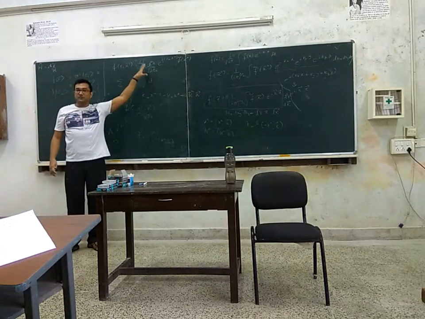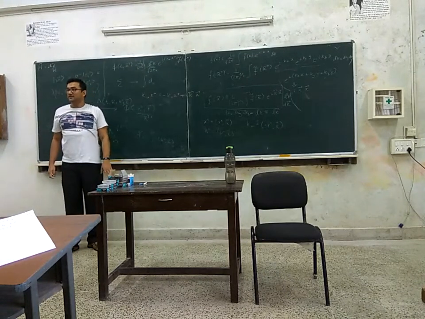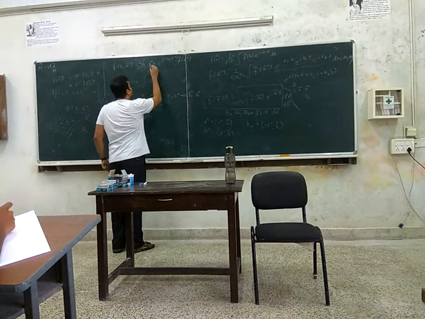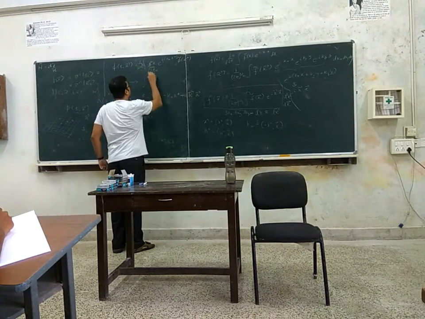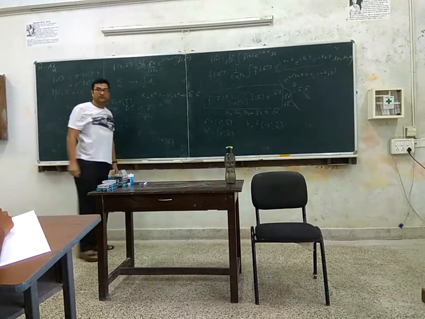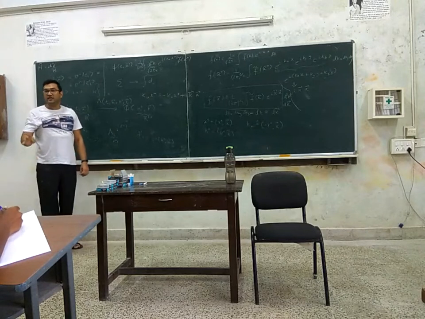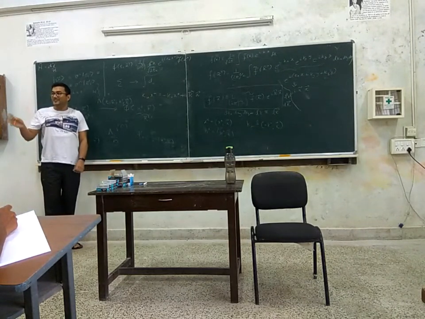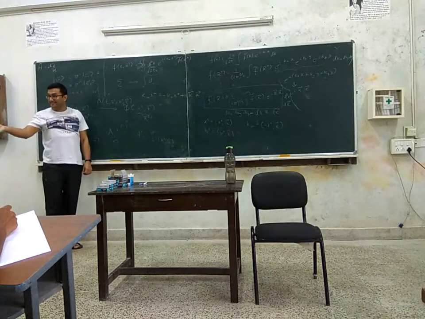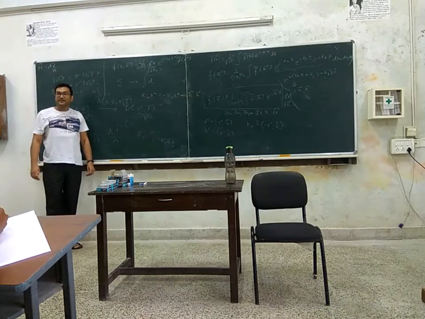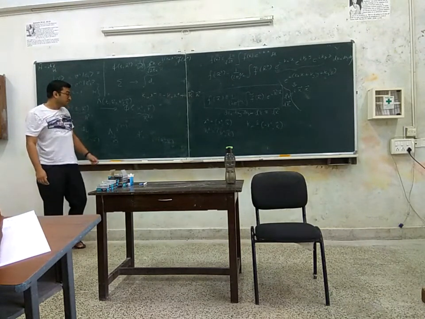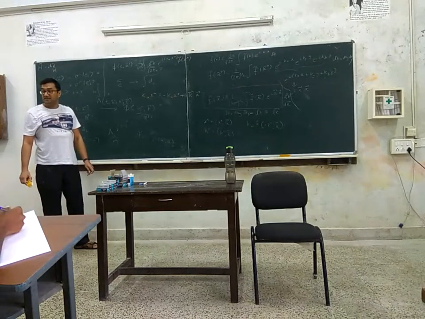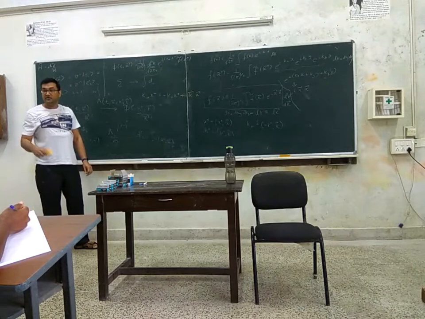For now, in your notebooks, you can put a little question mark around it, so that you know that it will be explained later. And if it's not explained later, you can always come back and ask me to explain it. Alright? This is fine? Are there any questions?